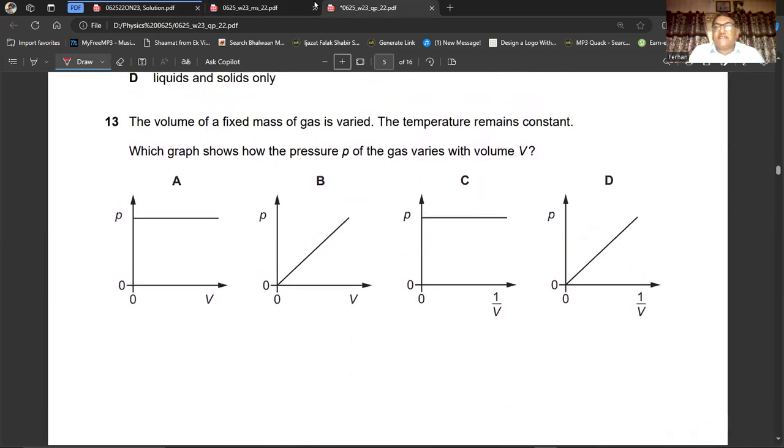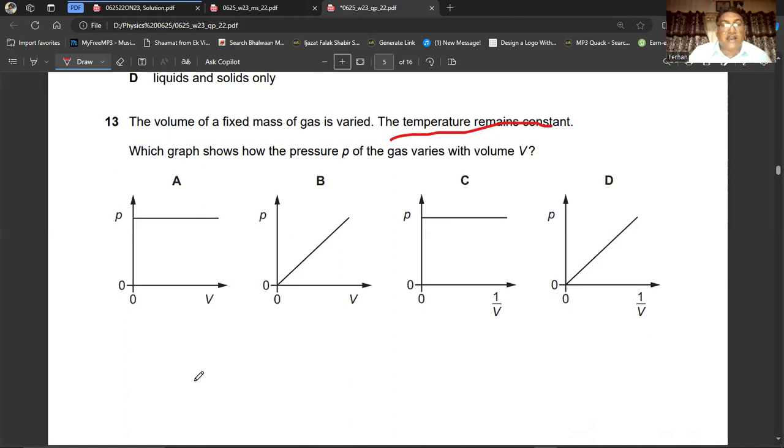Okay. Now we have question number 13. It's a very conceptual question. The volume of a fixed mass of a gas is varied. The temperature remains constant. So this is important. The graph shows how the pressure P of the gas varies with the volume V. The pressure and the volume are inversely proportional to each other.